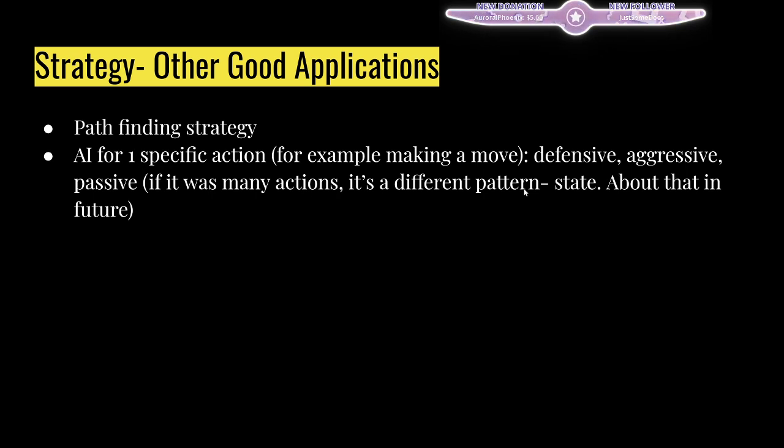The state pattern is very similar to strategy, but in that case, you would have multiple methods that represent different behaviors based on a state. About that later. So strategy and command, and now you know the differences. Command is for different actions executed the same way, and strategy is for the same action implemented differently.